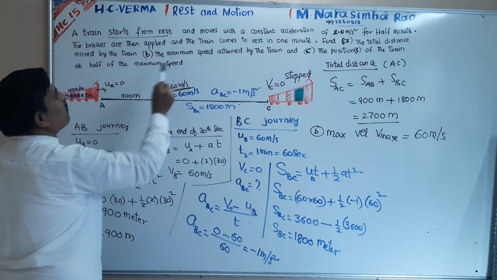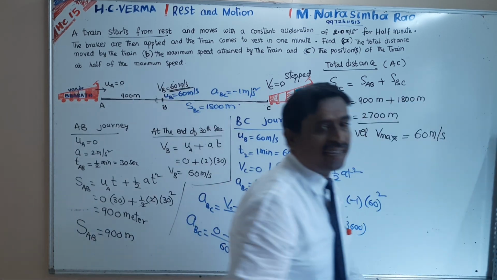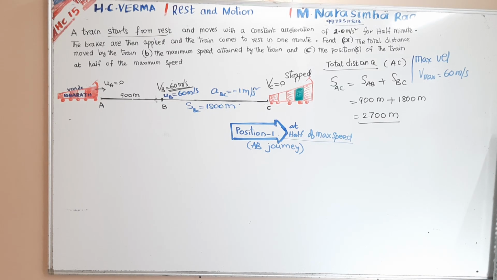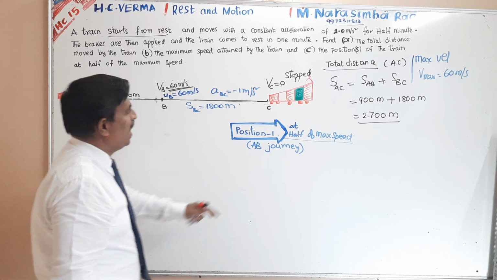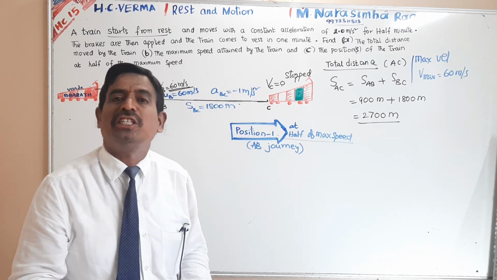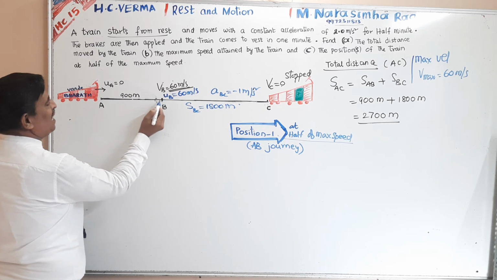Third question. The position of the train at half of the maximum speed. Now I am talking about the AB journey.